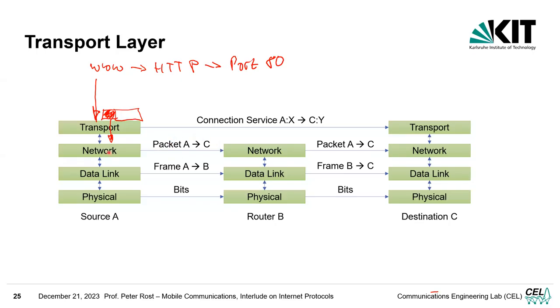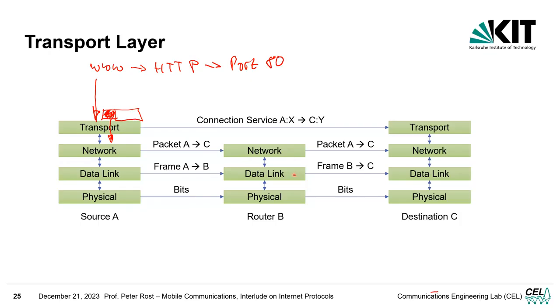Then this is delivered to the Ethernet layer, where you say, where is IP address C located? It will see that I have to actually go first through router B, and then builds an Ethernet frame with the destination address B of the router. Then you go on the physical layer, you provide it to the router, and the router will see, aha, this frame was indeed intended for me. It will decode it, see that it's IP address C where it has to be delivered, and put it on the right network interface card.